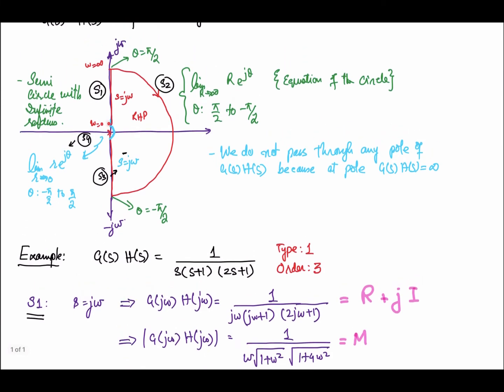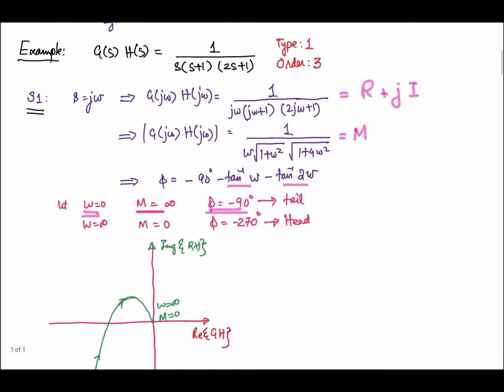When you vary omega from 0 to infinity, you will get this part. Now we need to look at this portion, that is, the variation over this circle, and then we will see from minus infinity to infinity, and then the variation over this circle.